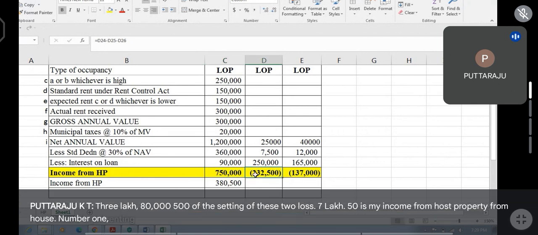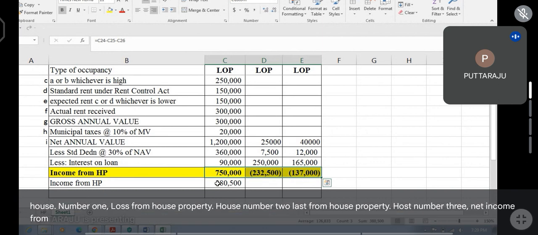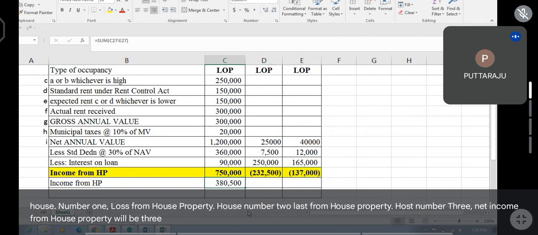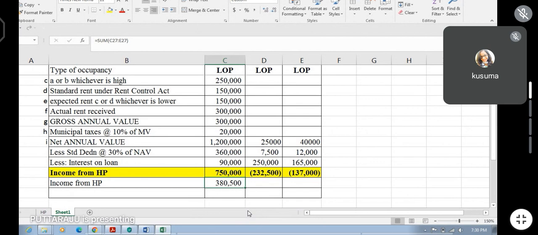Loss from house property, house number 2. Loss from house property, house number 3. Net income from house property will be 3,80,500. Understanding? Yes. Got it?